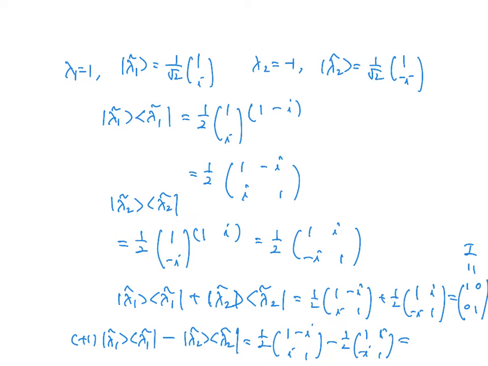So 1 minus 1 is 0. Minus i minus i is minus 2i, divided by 2 is minus i. I minus minus i is 2i, divided by 2 is i. 1 minus 1 is 0. So it becomes 0, minus i, i, 0, which is A. So we obtain the spectral theorem there, right?